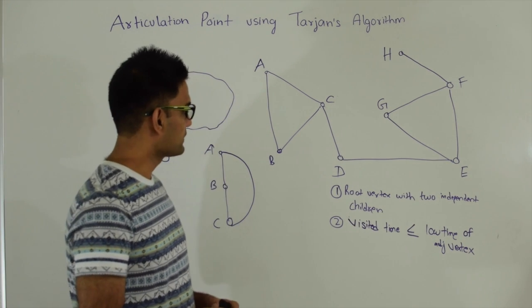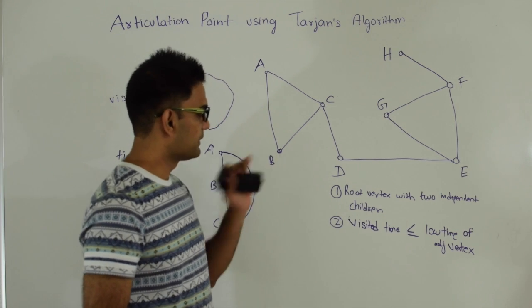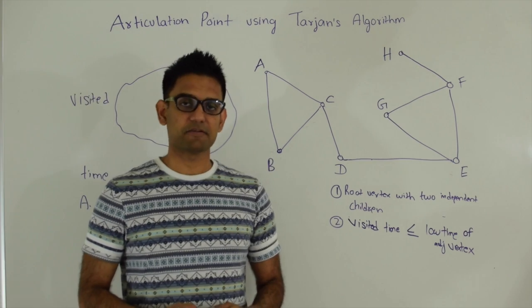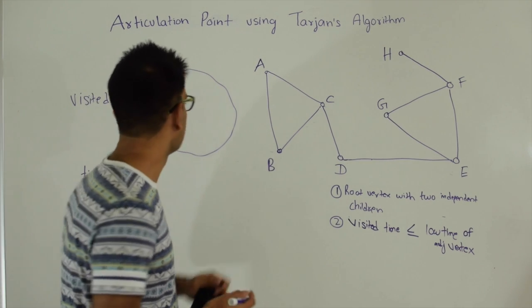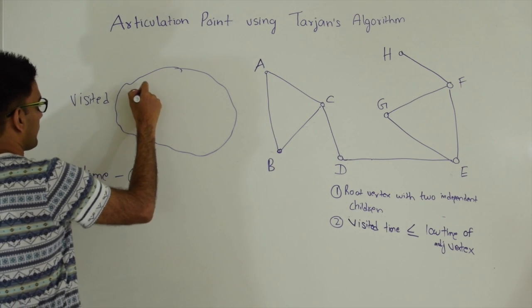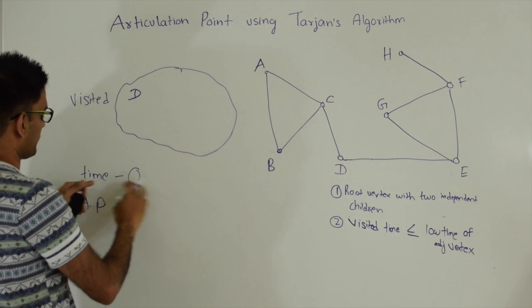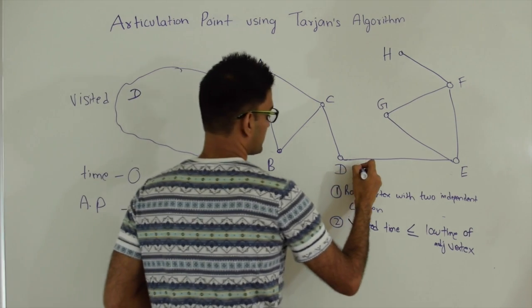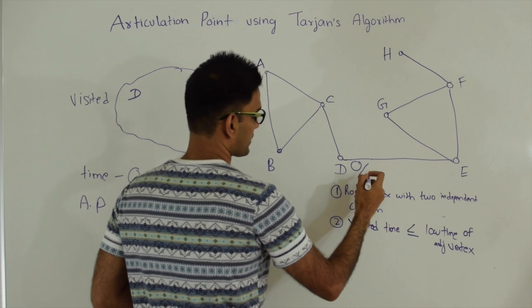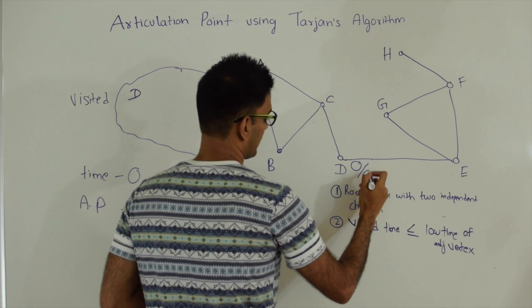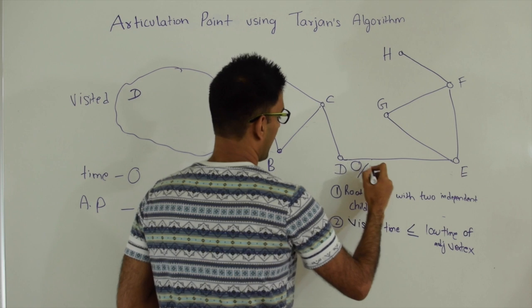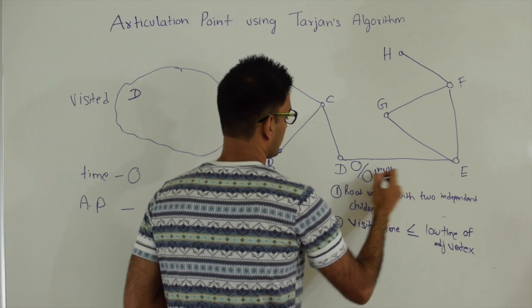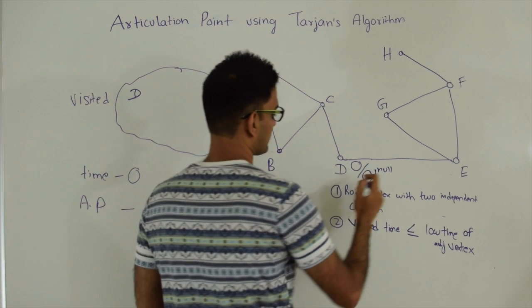So let's try to understand how this algorithm works with this example here. Let's say we started our DFS from D. So we put D in visited. The visited time of D will be 0, which is the numerator. The low time will be again 0, which is the denominator. And then the parent of D is null because D is the root of this DFS.